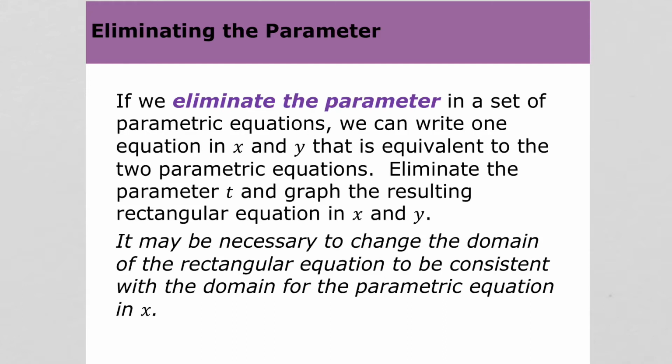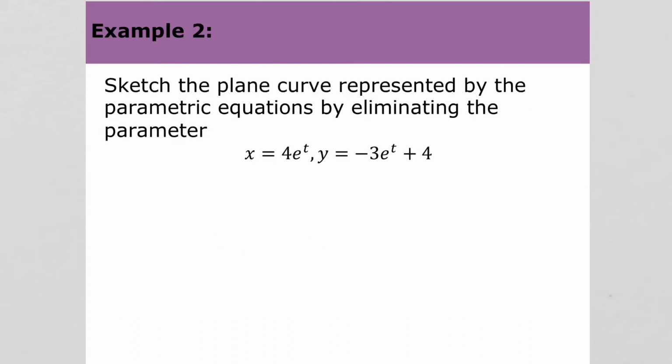Keep in mind it may be necessary to change the domain, so you'll see what I mean here. So for example 2, it says sketch the plane curve represented by these parametric equations by eliminating the parameter.